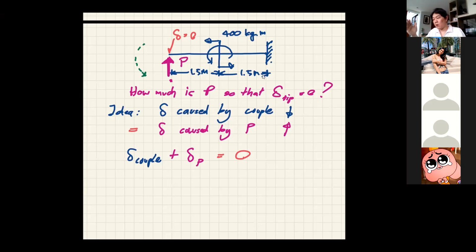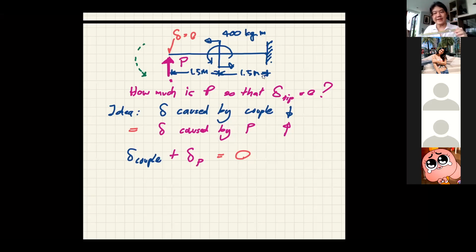What I'm trying to do here? The couple will cause your, one second. My son forgot his straight edge around here, so it can be useful. If this is the support, the couple is trying to bring the beam down, right? But we have the load P trying to bring it up. So when the two sets of load are applied at the same time, simultaneously, the couple is bringing it down, the load is pushing it up.